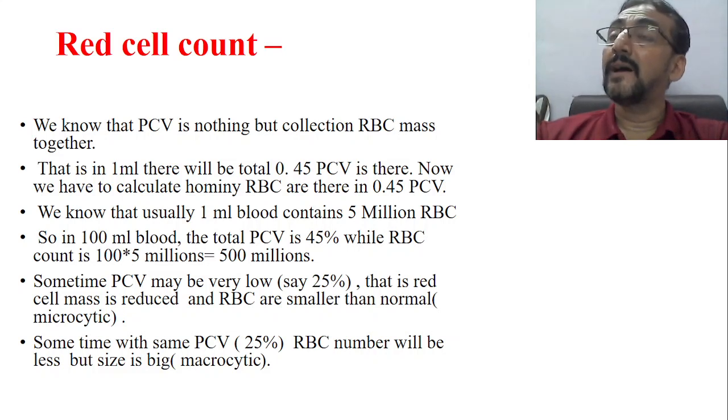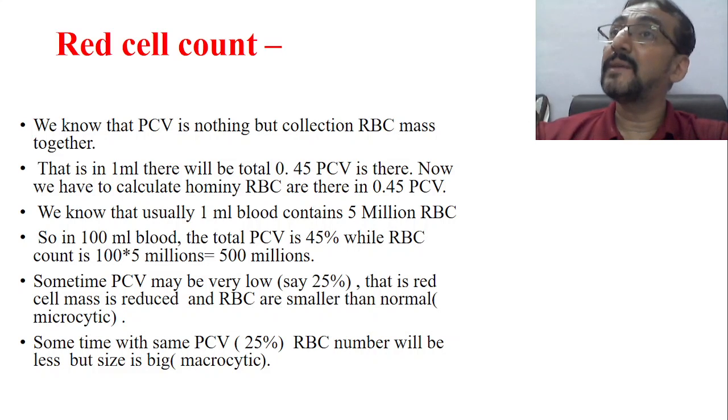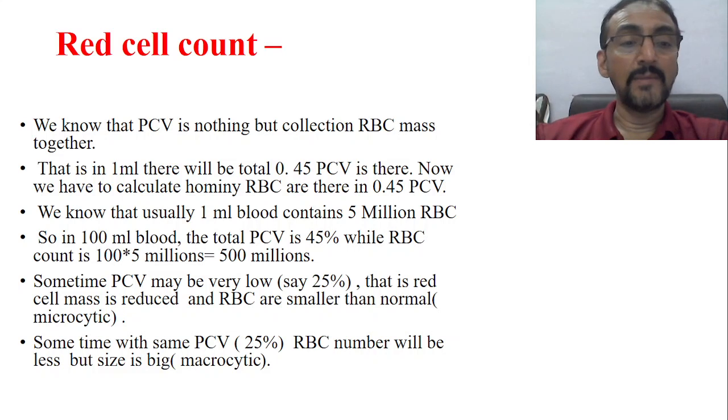If the RBC is microcytic, the size itself is small, then although it contains good amount of RBCs, रेड सेल का काउंट जो है वो 5 मिलियन के आसपास ही है 1 ml में, बट उसका साइज कम है, इसलिए उसका वॉल्यूम भी कम हो जाएगा और PCV कम आ जाएगा. ओके, दैट मीन्स PCV may be showing lower value although child is normal in case of microcytic anemias. Okay, in case of microcytic anemia.